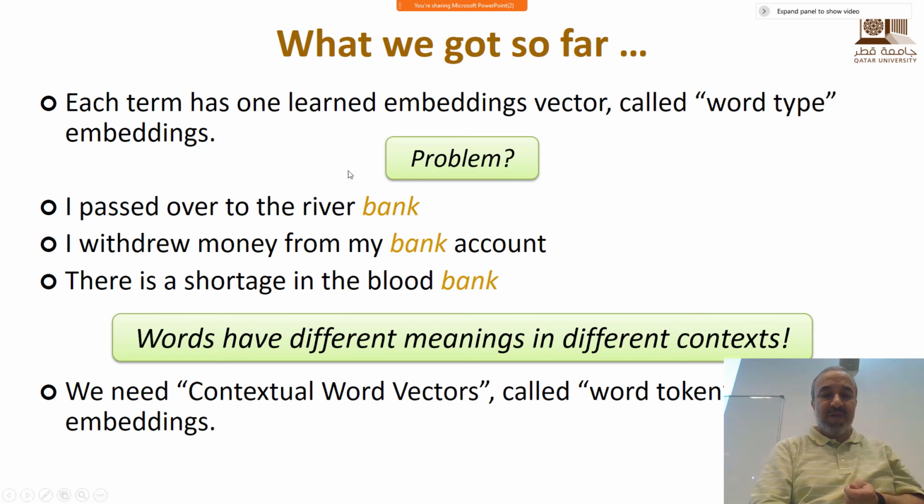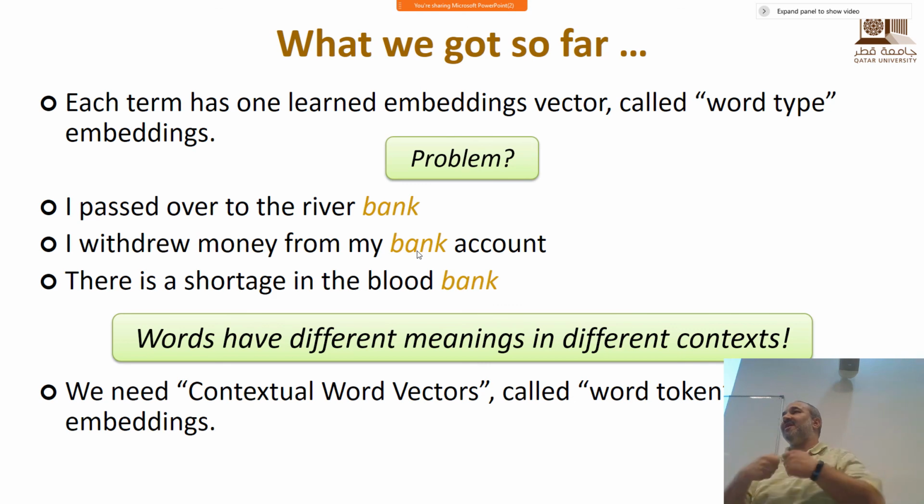And if I give it the second sentence, it will give me a different embedding for the same word bank, just because the context is different. Exactly. It depends on its context.